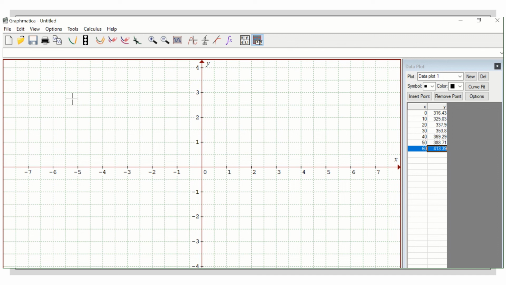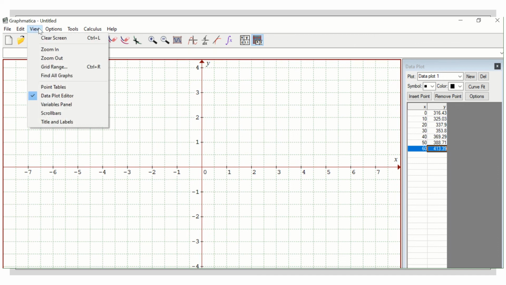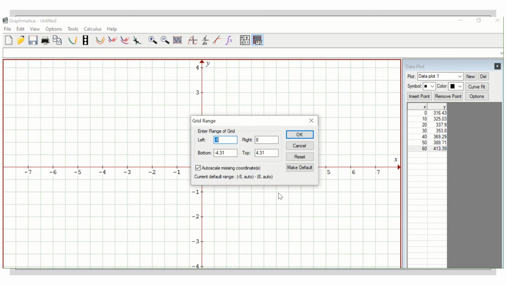So we are going to adjust that by going to the View tab and then click Grid Range. So we are going to adjust the values. So for the left and right, this is for the x-axis. So that's okay. -8 for the left side is okay. But for the right side, since the maximum value is 60, we could use 60 or give an allowance. So let's put in 70.